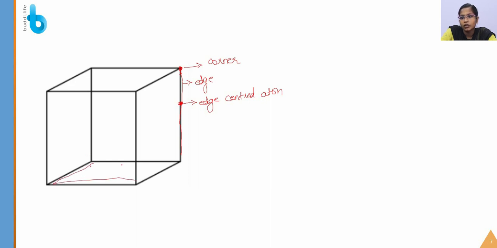An atom can also be occupied at the face center, and that is known as face centered atom. And then an atom can be occupied at the center of the body, known as body centered atom.